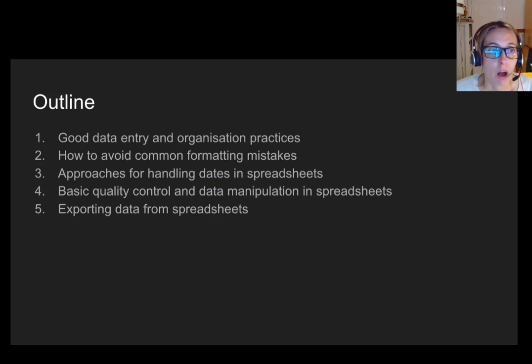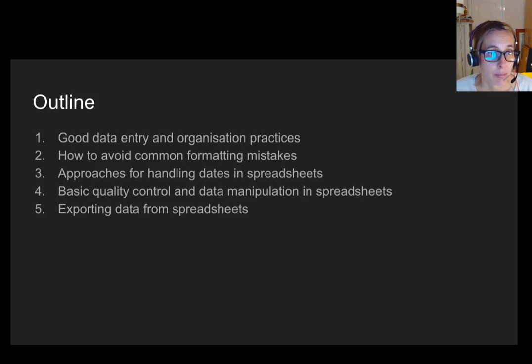So here is the brief outline of what you will be doing today. We will cover the following 5 topics. The first one is what are best principles for using spreadsheets for good data organization and how to format data in spreadsheets for effective data use. Next, what are some common mistakes with formatting data in spreadsheets and how to avoid them?